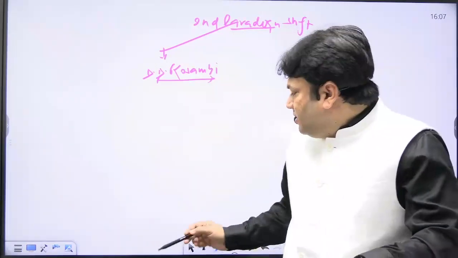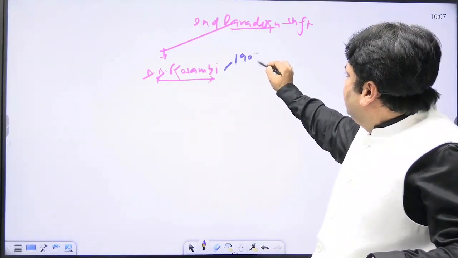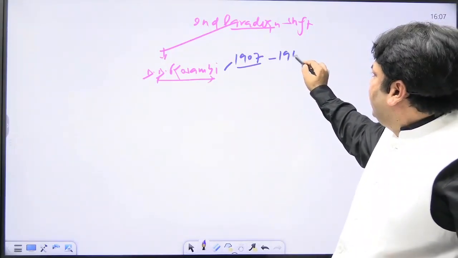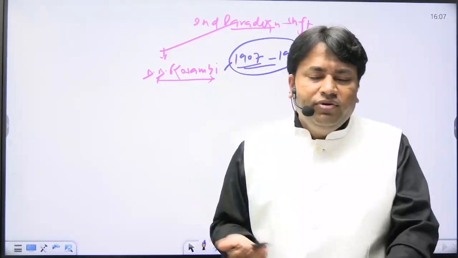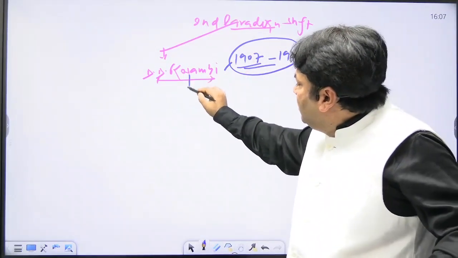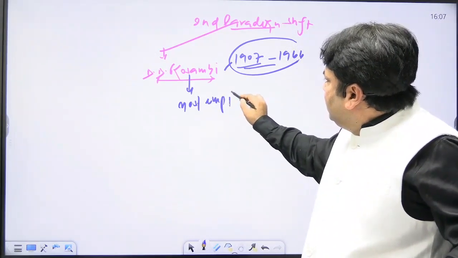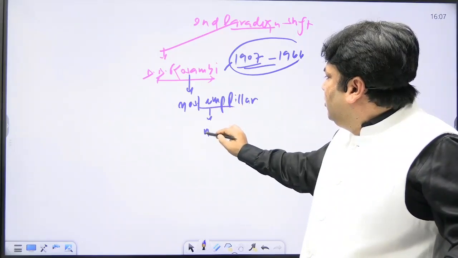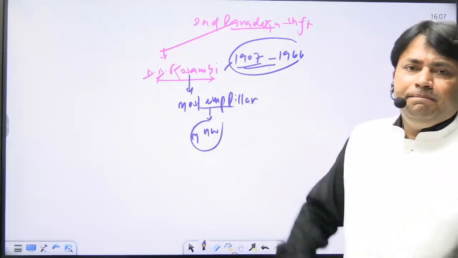D.D. Kaushambi, 1907 to 1966, this year is not important, you do not have to remember it. This is just to give you an idea that Damodar Dharmanand Kaushambi is the most important pillar in the field of Marxist history writing in India, okay?